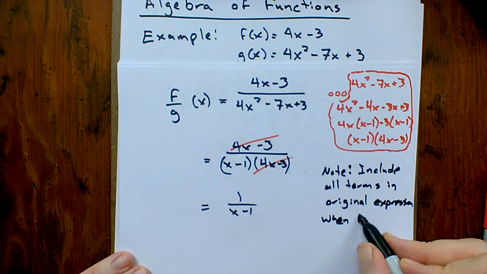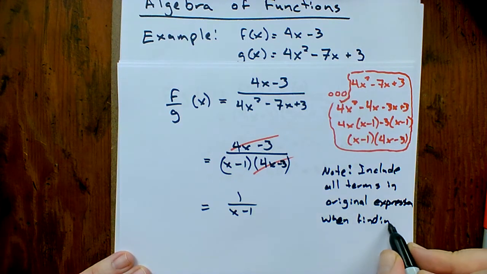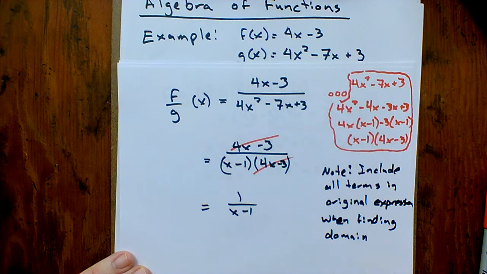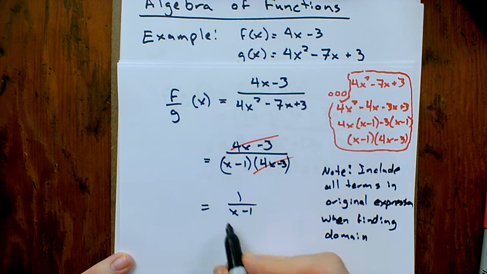That's when finding your domain. So we might only want to include this x minus 1, because I know that I can never have a 0 in my denominator.